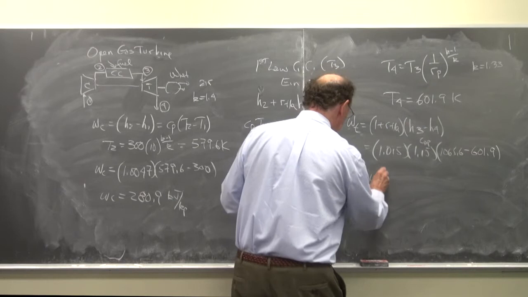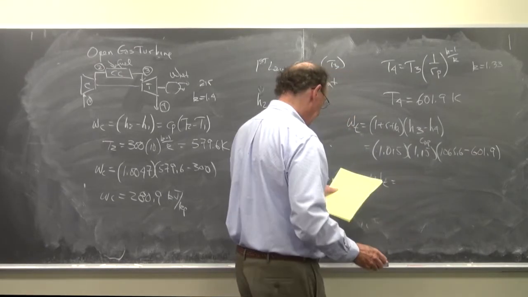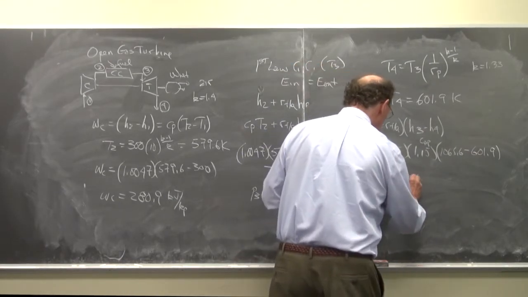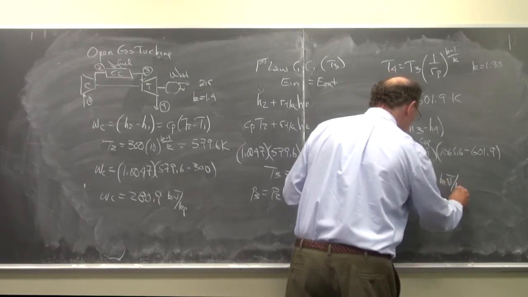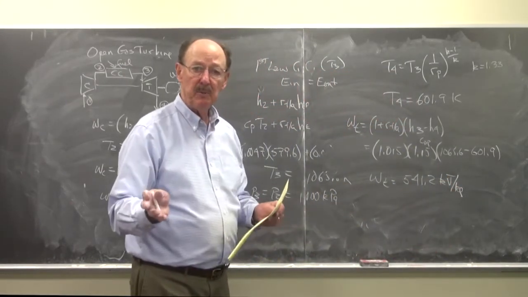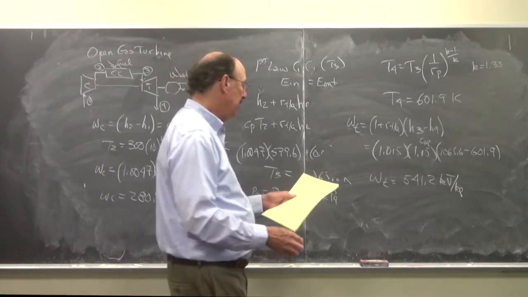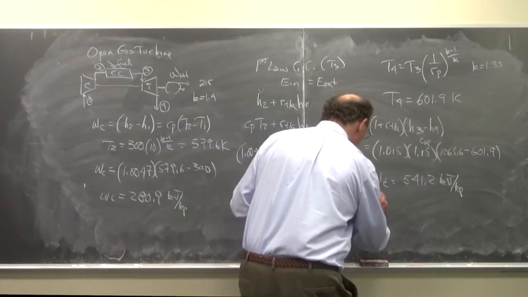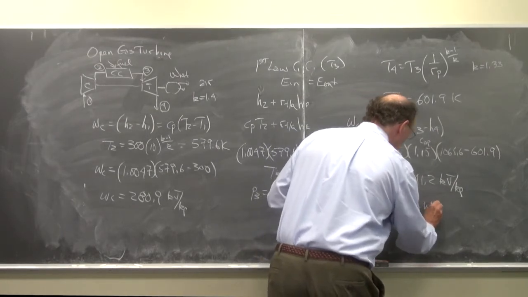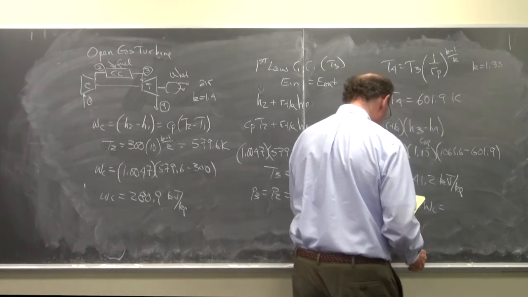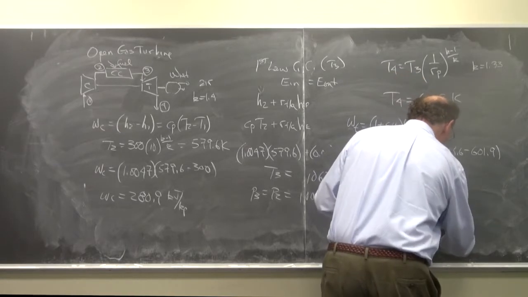So I get that WT is equal to 541.2 kilojoules per kilogram. So now I have the turbine work and the compressor work. I can find the net work, and so that's equal to 260.3.